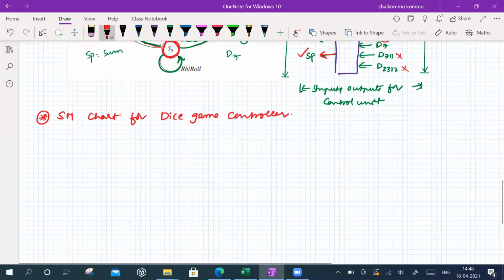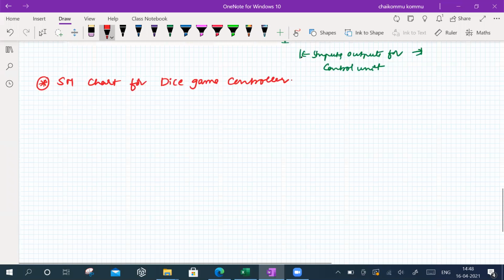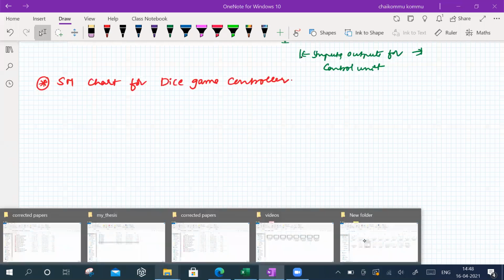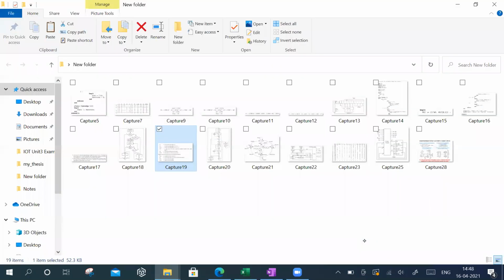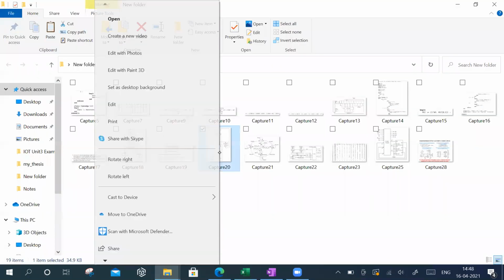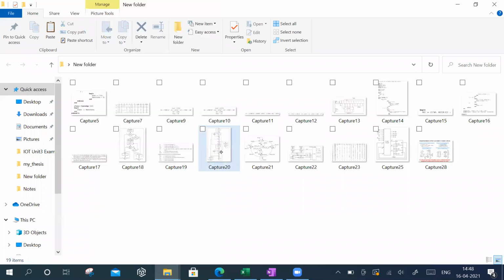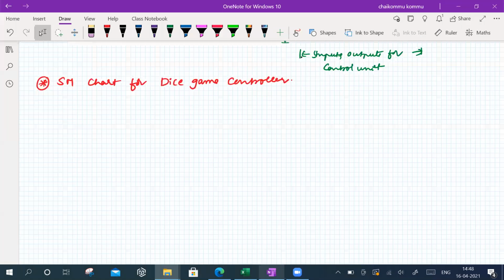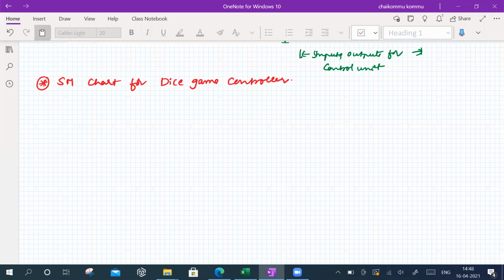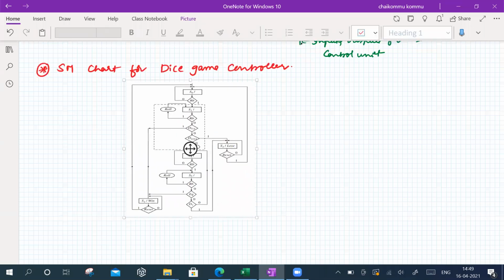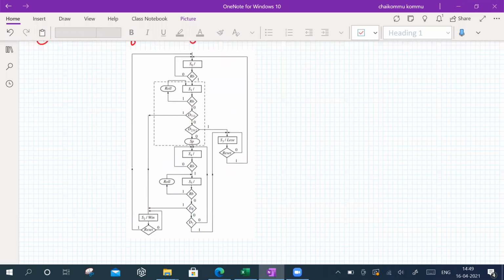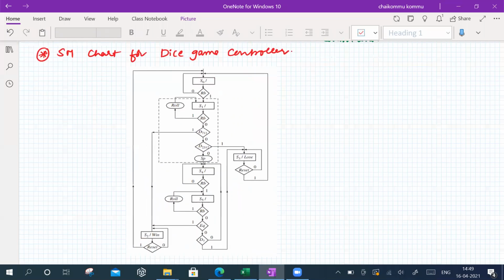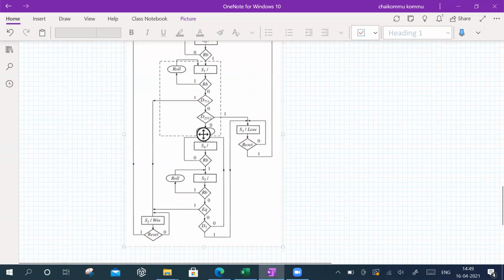Controls. Okay, just wait for 5 minutes. I will complete it. Please wait for 5 minutes. Copy and then paste here. Okay, this is what actually. Yeah, this is self-explanatory because we have already seen how to develop the SM chart from the state diagram.